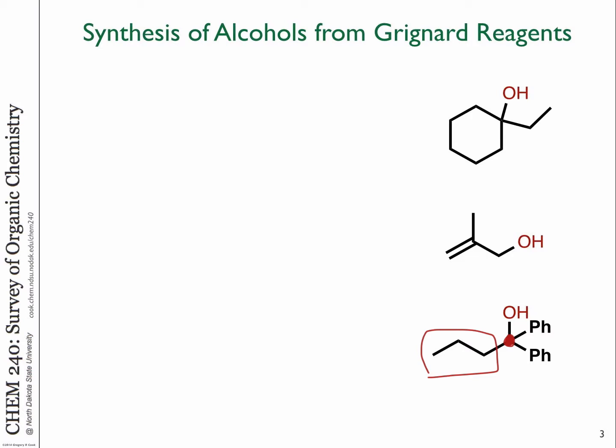So if it's the case with the 3-carbon group that we want to use as the Grignard reagent, I'm going to draw right up here on the top. We could start with this. Okay. Then we add that to what carbonyl?